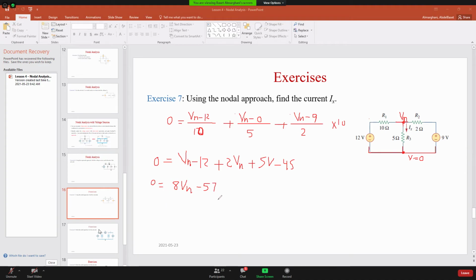So from here, Vn will equal 57 divided by 8, which is in this case 7.125, I think, if I'm not wrong, because 1 over 8 is that. Volt. This is the nodal analysis. So the voltage here is 8.175.